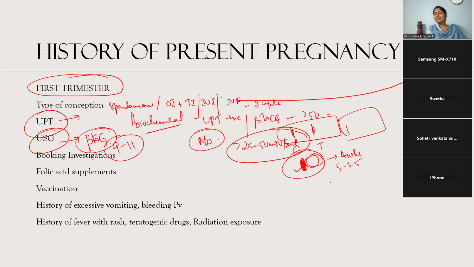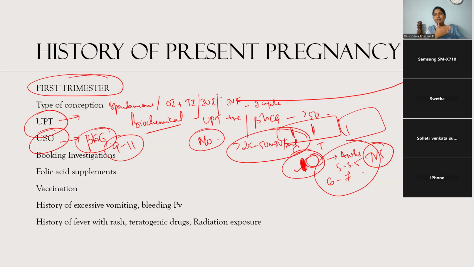The fetal pole appears by 6 weeks, and the cardiac activity appears by 7 weeks of gestation on a transvaginal sonography. So gestational sac, yolk sac, fetal pole, cardiac activity. These are the series of changes which occur between 4 to 7 weeks of gestation.